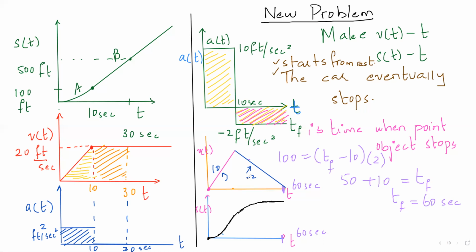Because of that we do this calculation. Because the question said that it starts from rest and the car eventually stops, so what will be the TF? Our point is that whatever change in velocity it goes from 0 to some value, you need the same change in velocity in the negative sense at the end. That's why I equated this rectangle with this rectangle. So I had 100 equal to TF minus 10 multiplied by 2.